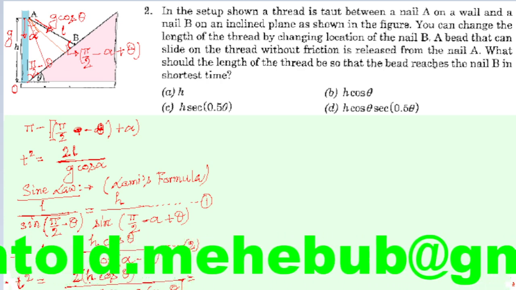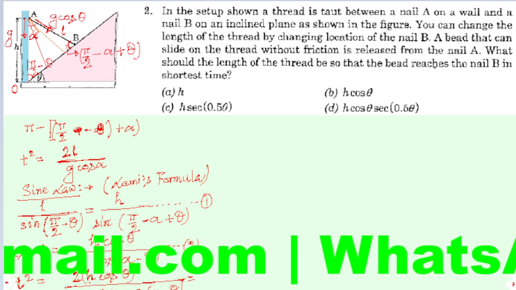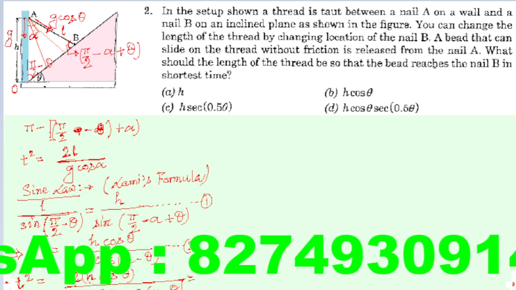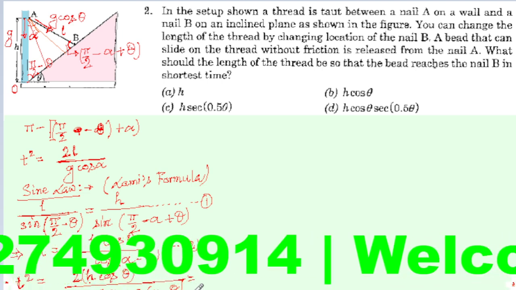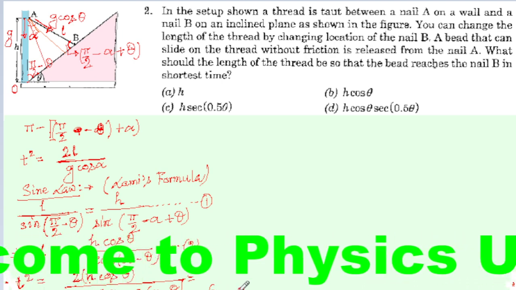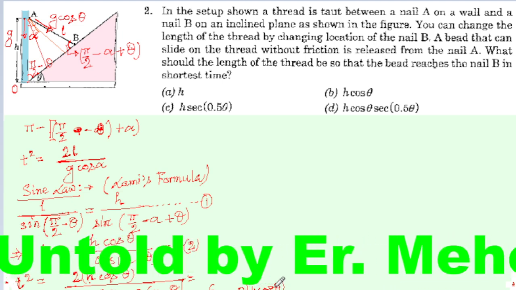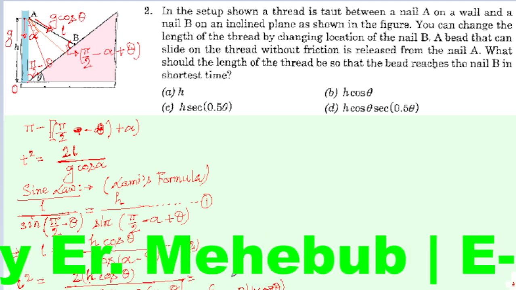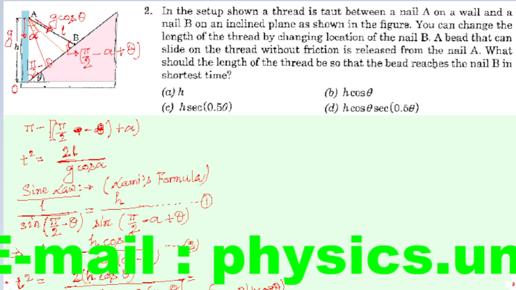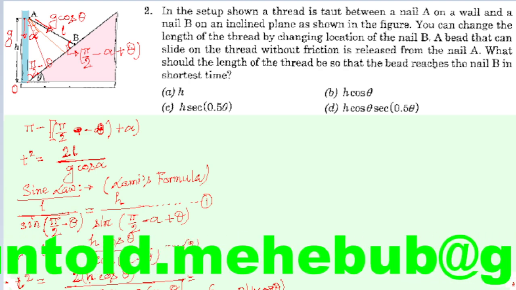From the trigonometric identity, cos alpha into cos of alpha minus theta is equal to cos of 2 alpha minus theta plus cos theta, after solving this trigonometric equation. So we are getting the minimum time required, that is when T is minimum.